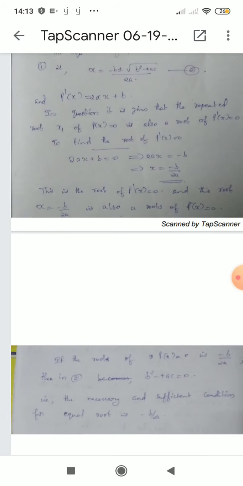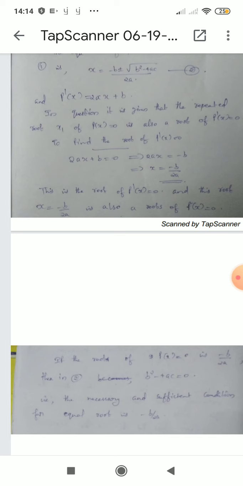Minus b by 2a is the root of f dash of x equal to 0, and it is also a root of ax square plus bx plus c equal to 0. But this has two roots, and those two roots are equal. The form of the root is minus b by 2a, right?